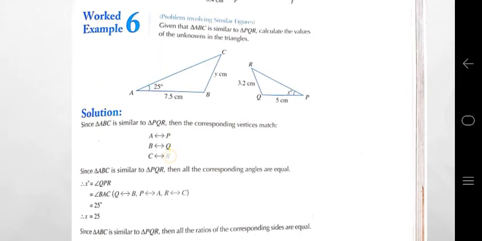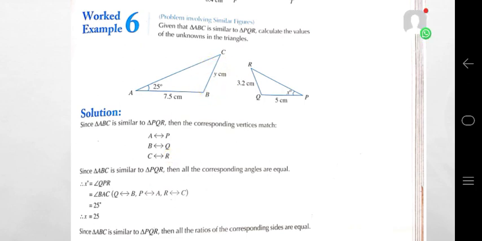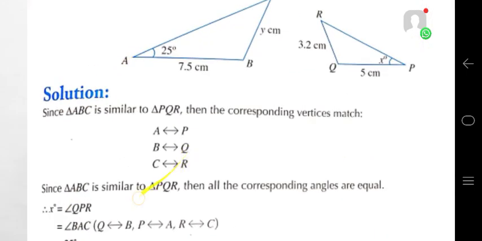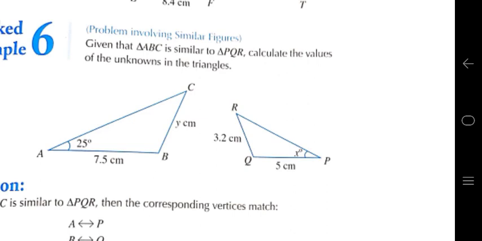Okay, as for calculating the y, how do we do it? Yeah, we need to use the ratio. Because I know that the corresponding sides here, just by seeing, I know that this is corresponding with this one, so that means this one is corresponding with this one.